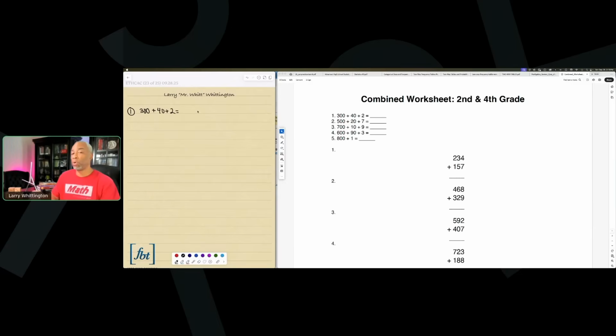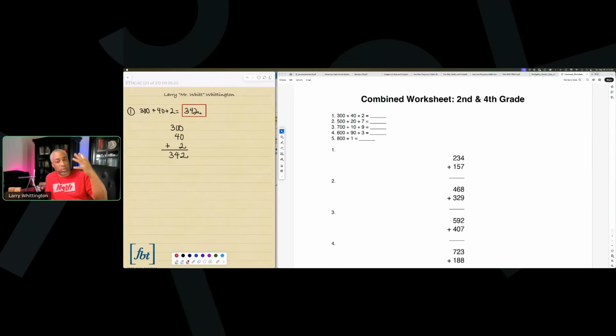So if I'm literally adding 300 plus 40 plus 2, you would end up with what value? That's what they're asking for. So you would bring down the 2, 0 plus 4 is 4, you'd bring down the 3, and you would end up with a result of 342 that we will red box. Put it in the red box.